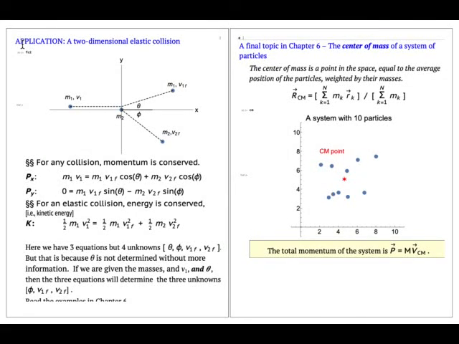Well, let's work out another application now, a two-dimensional elastic collision. So when I say elastic, I mean the kinetic energy is conserved. So unlike an inelastic collision where the two objects crumple each other up and get crashed together and change their shape so that they stick together, in an elastic collision, they just bounce off each other.